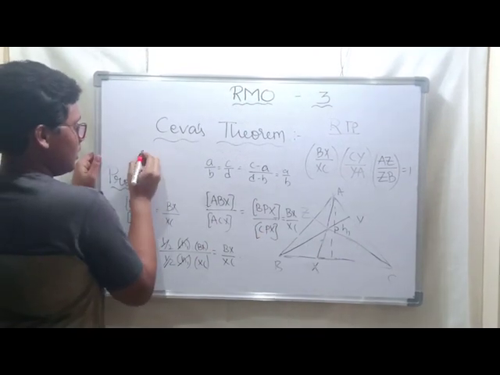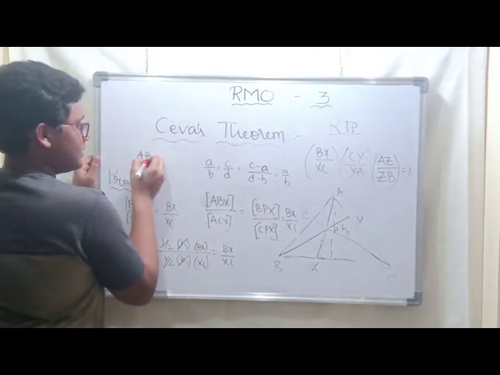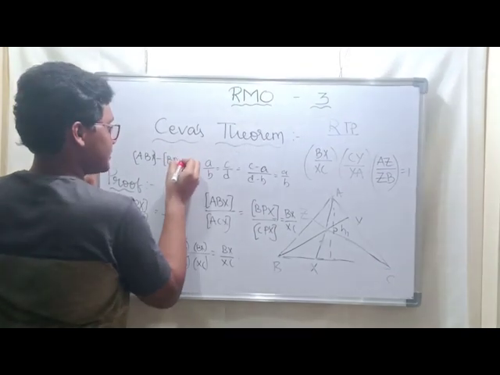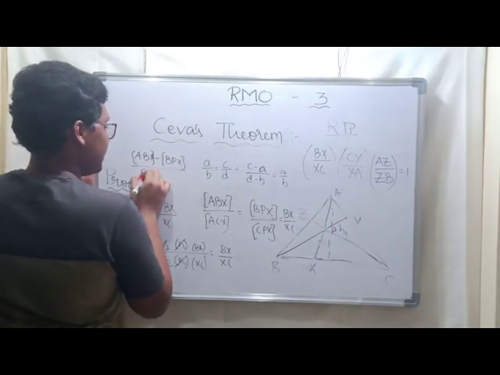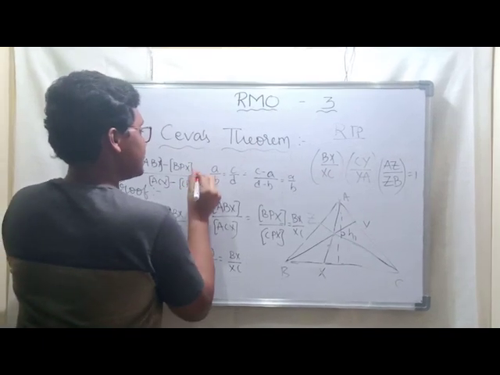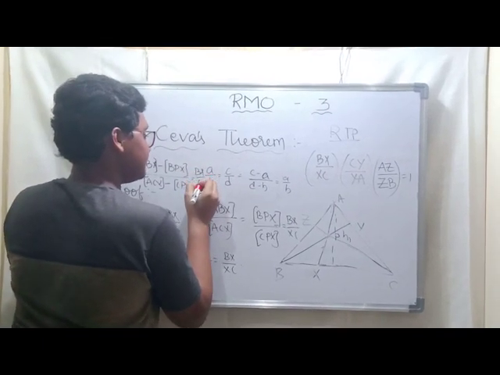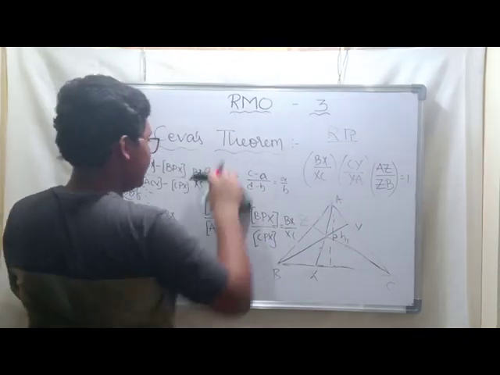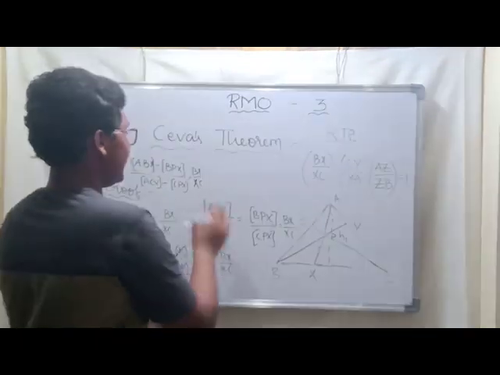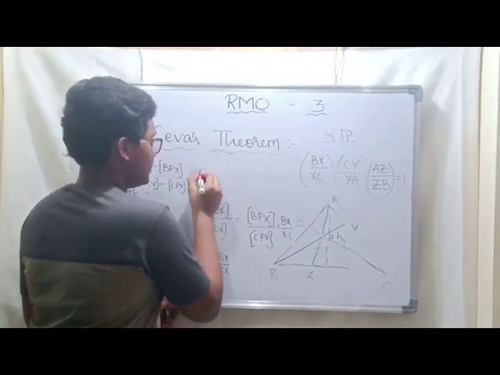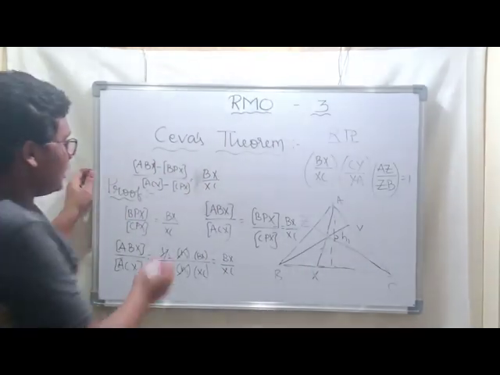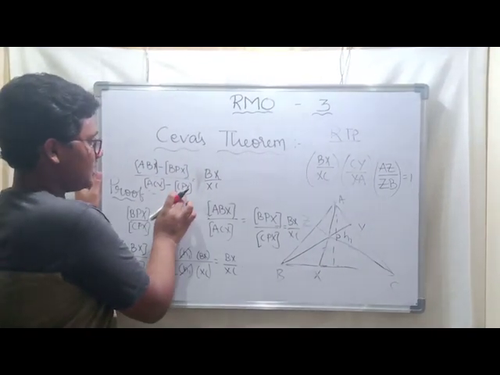So area of triangle ABX minus area of triangle BPX by area of triangle ACX minus area of triangle CPX is equal to BX by XC. So ABX minus BPX by ACX minus CPX.